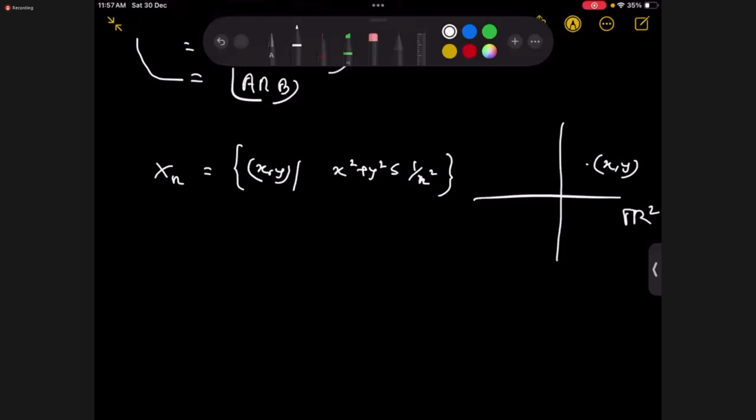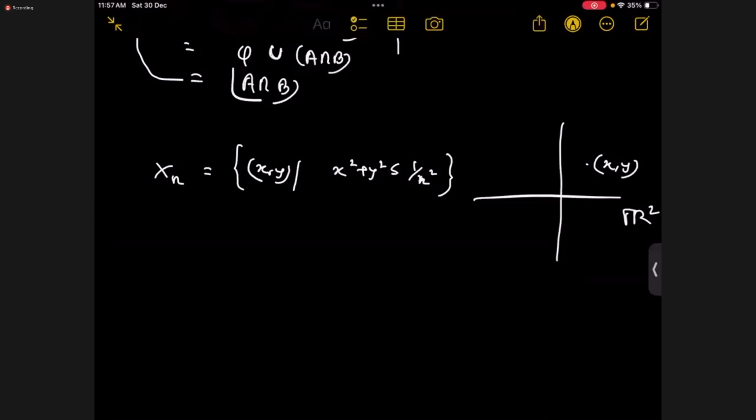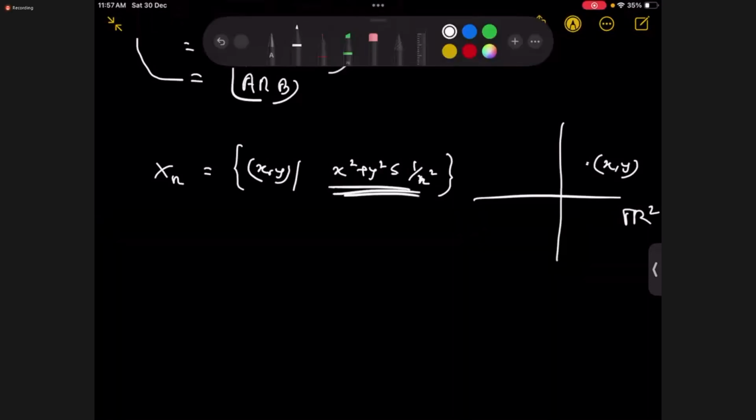So if this is the case, what is the set? If I draw a circle of radius 1 by n, then this X_n is the green portion.